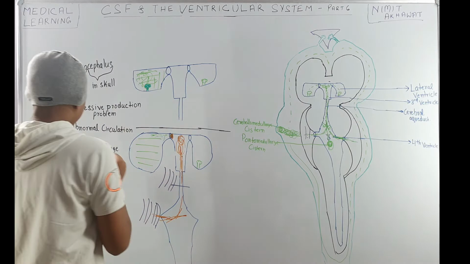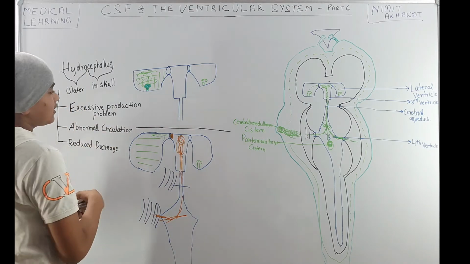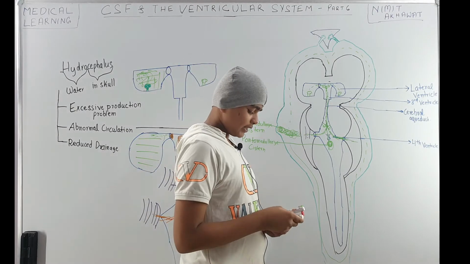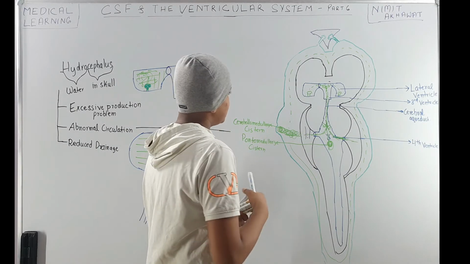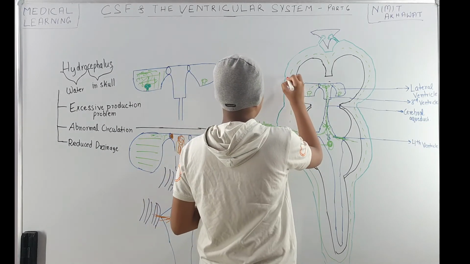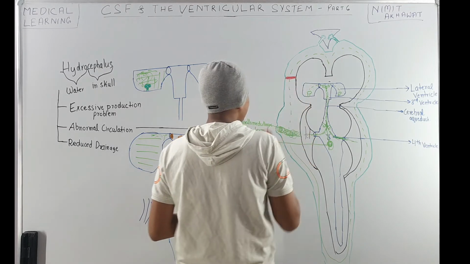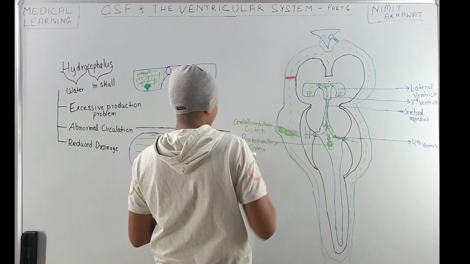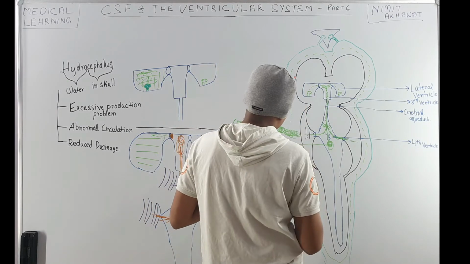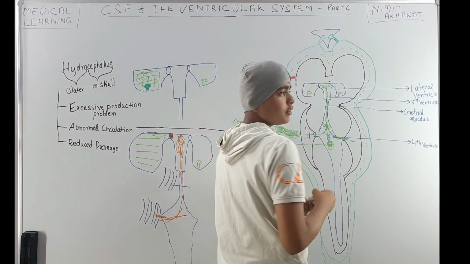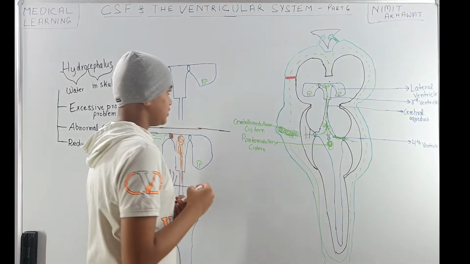Now, the fifth major cause of abnormal circulation is meningitis. Sometimes, due to meningitis, a few cells block the subarachnoid area. And when these cells block the subarachnoid area, it does not allow cerebrospinal fluid to drain into the superior sagittal sinuses.